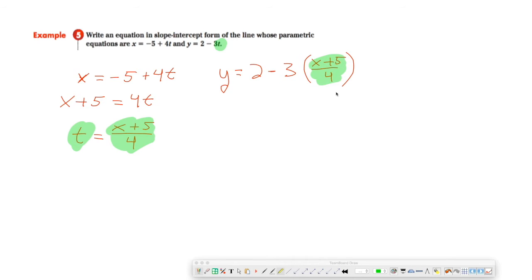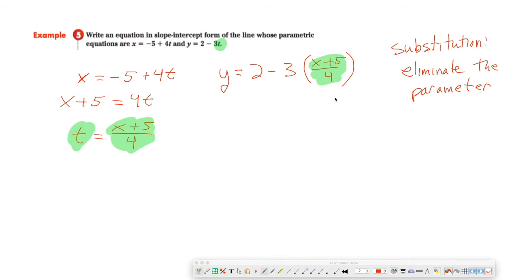Are there any t's left in this equation now? So what you do is you use substitution and you eliminate the parameter. That's what we just did. It's called eliminating the parameter, and we just did it.